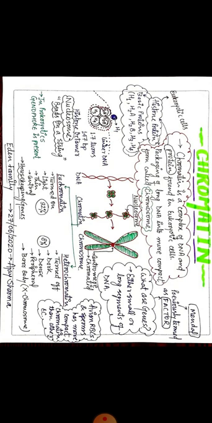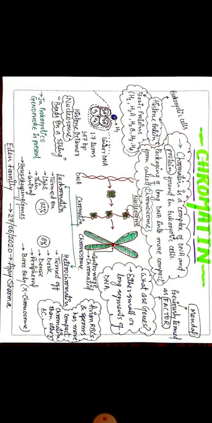So the definition is that small or long segments of DNA, either functional or non-functional. Approximately 80% of our DNA is non-functional, and at least 10 to 20% is functional for our body activities.